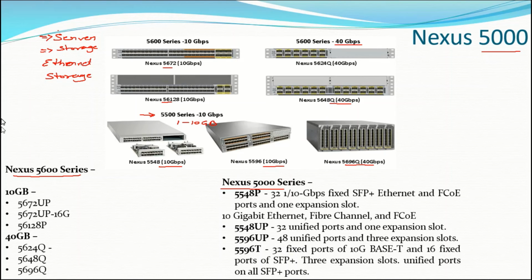If we want to use storage in the Nexus 7000 series, we cannot get a customized speed like 1, 2, 4, or a higher speed like 10 Gbps for storage. We would have to procure a separate line card, which might be costly for some customers.